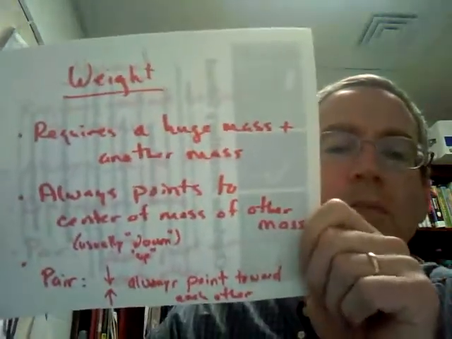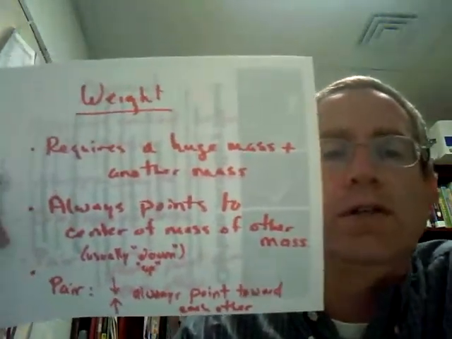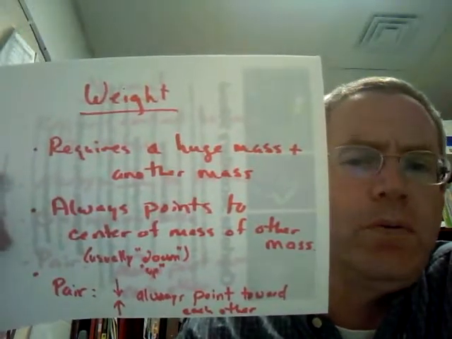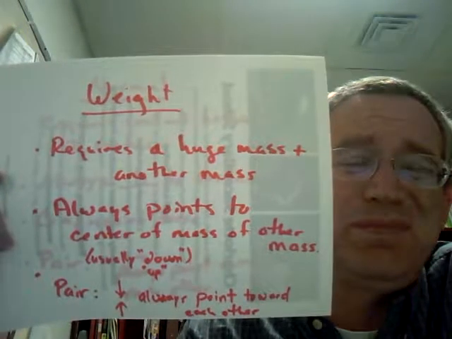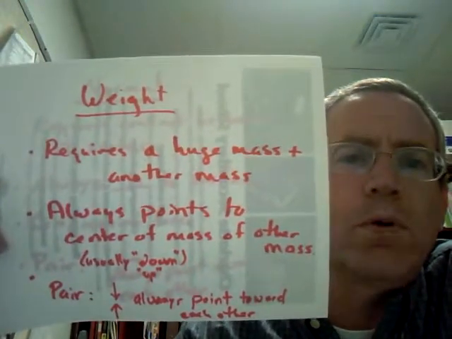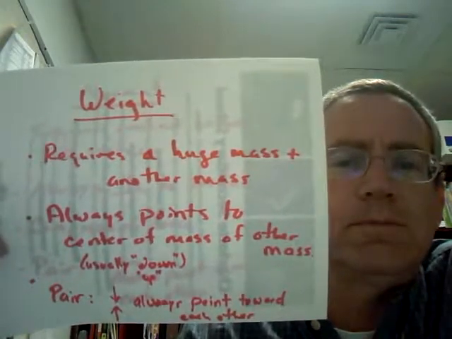Weight, the W in FTNOW. Weight is actually generic for any gravitational force, but weight's the main one that we'll be dealing with up until chapter, I think it's 8, maybe 9. Weight requires a huge mass and another mass. Now, there are gravitational forces between any two objects. There's gravitational force between those books behind me and me, but it's so incredibly tiny we can ignore it.